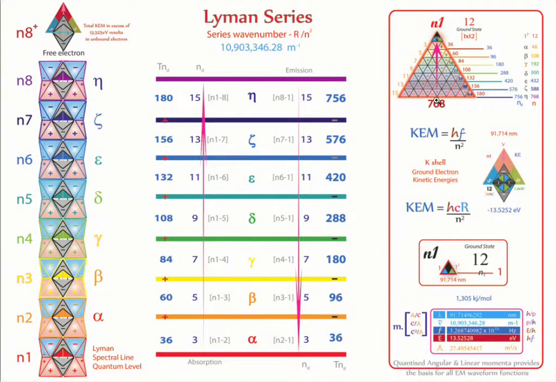But in each case it is a transition from a higher energy level of N8 down to N1 for the Lyman series. For Balmer it will be the same transition down to N2, and that's the distinction between the various series of lines. Again, in all the cases we will give the energy level of the chem field.